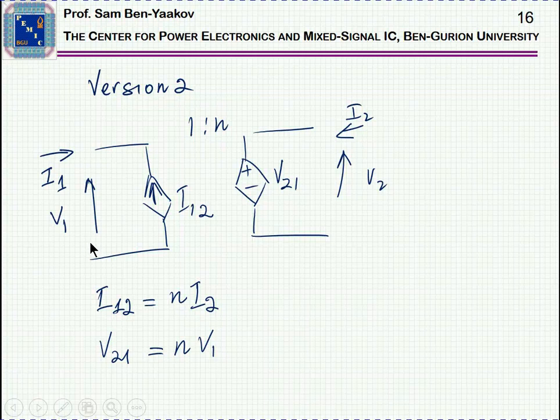Now, when are you going to use one option or the other? It really depends on the impedances that you have. For example, if there is an inductor here in the circuit, I'm talking about the complete converter, the complete circuit, not just the transformer, then it's not a very good idea to have an inductor in series with the current source. This could cause many convergence problems for the simulator.